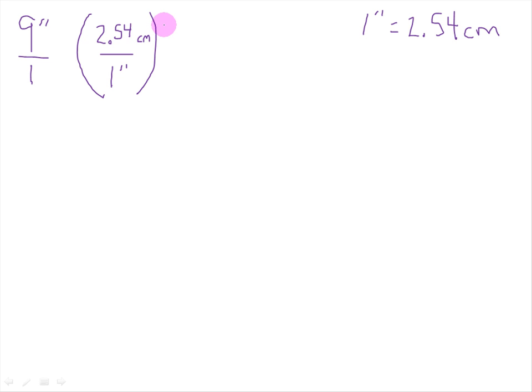So I have 2.54 centimeters. Now, this means multiplication. So 9 times 2.54, we'll do that in a second. Oh, inches cancel with inches. So now I just have 1 times 1. So this ultimately winds up just being 9 times 2.54.